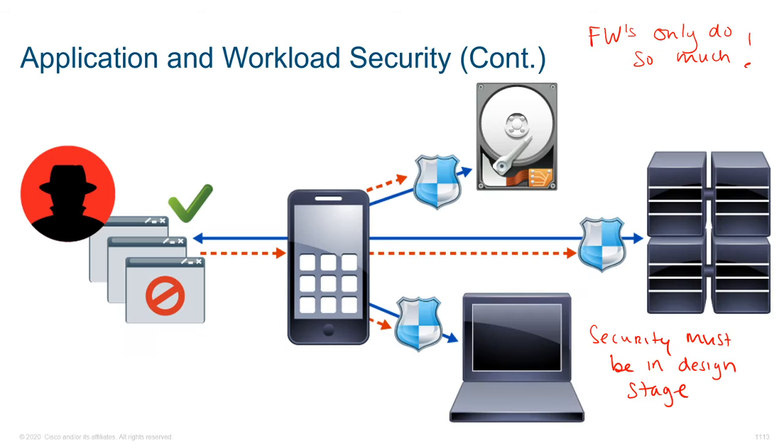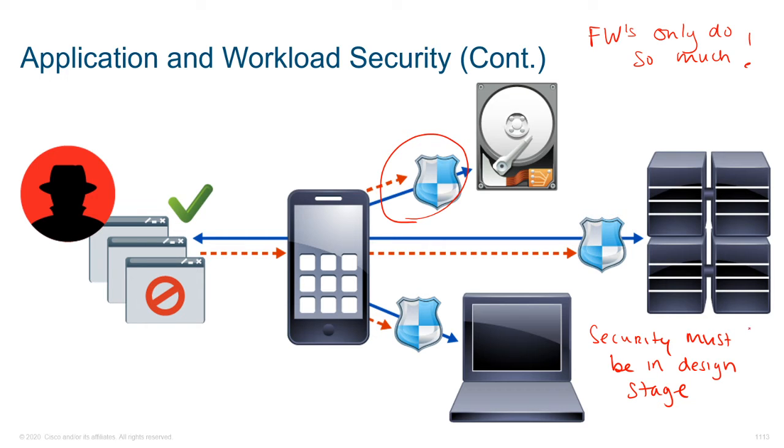And sometimes when we think about the things that we implement either in the workplace or even at home, our firewalls can only do so much. They might be able to protect against certain applications, or when we have traffic coming in and we are running a VPN client locally on that device.